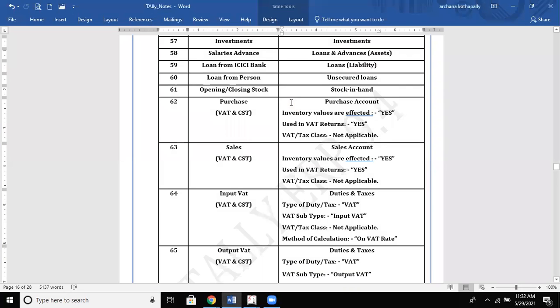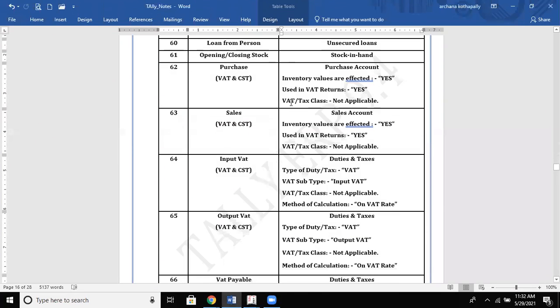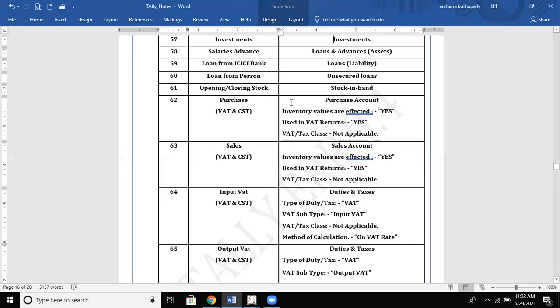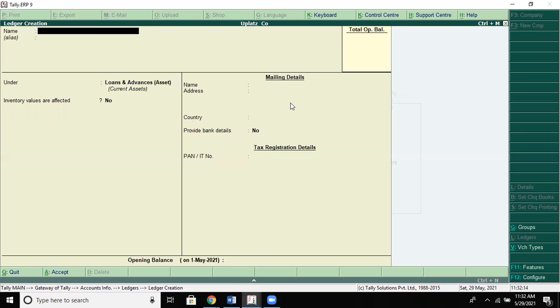Now let's go with ICICI Bank loan. So it is an outstanding loan. So it will usually come in your loans, and it is a liability. ICICI. So let's say our bank is SBI, no? So let us go with SBI loans.